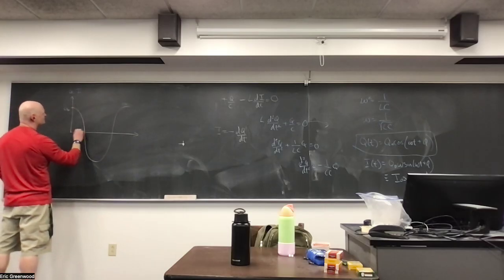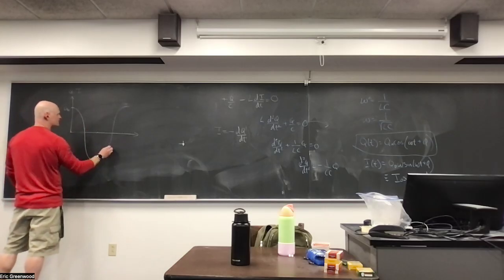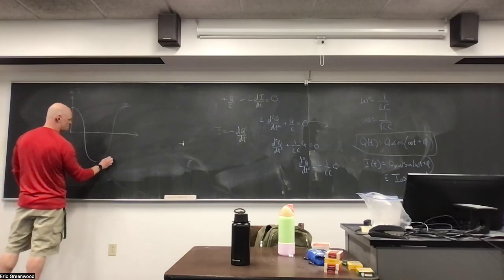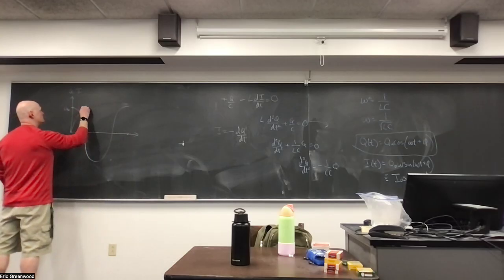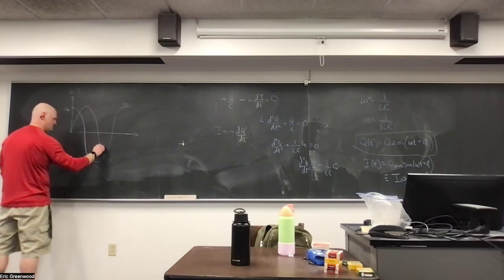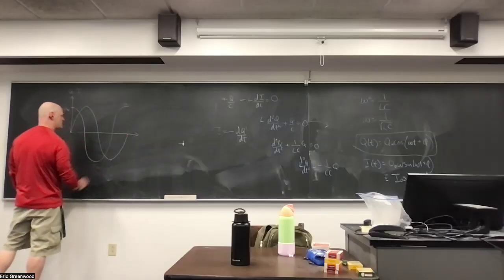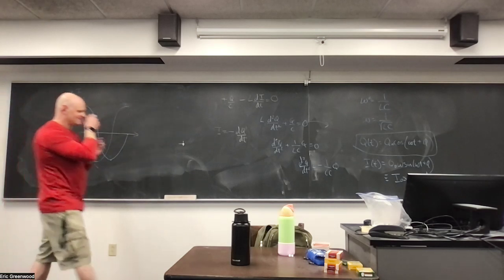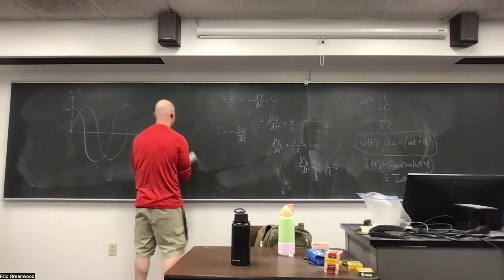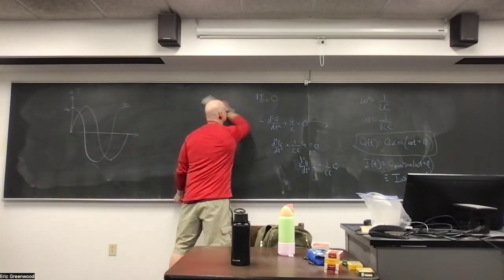This thing's going to start off at 0, reach maximum when this guy is 0, go to minimum here, and then again reach maximum at this point, and then go to 0 at this point. So this then is going to be my current as a function of time. Or, as Andre said, this is actually an AC circuit, right? Alternating currents. So good.